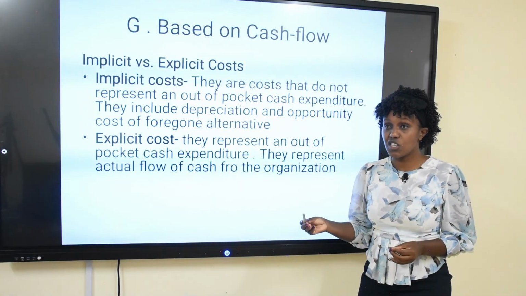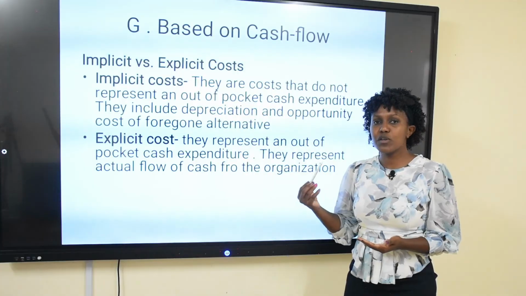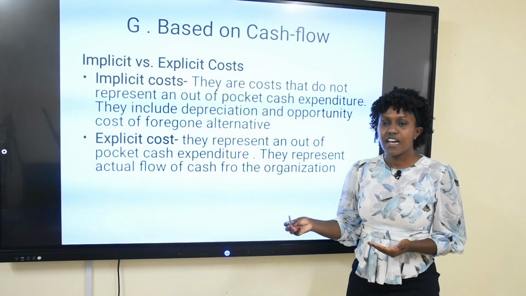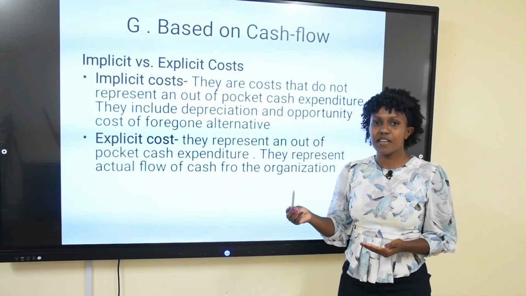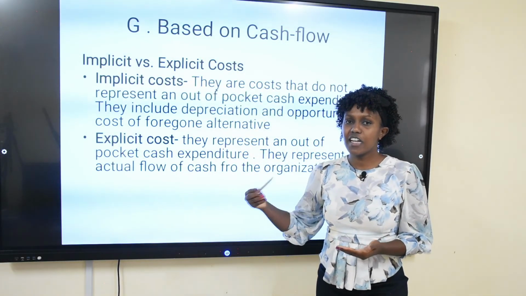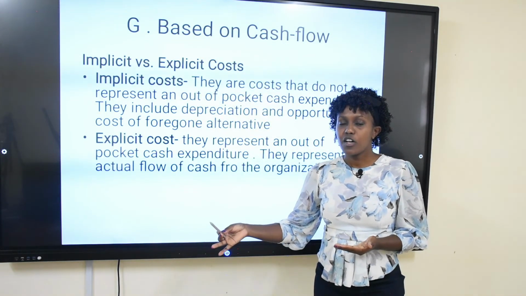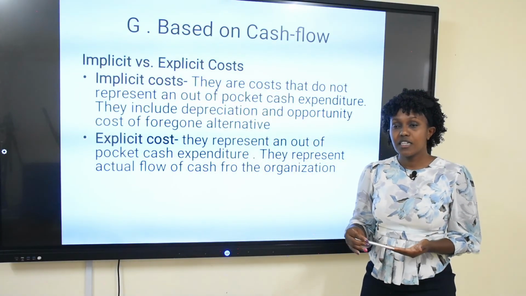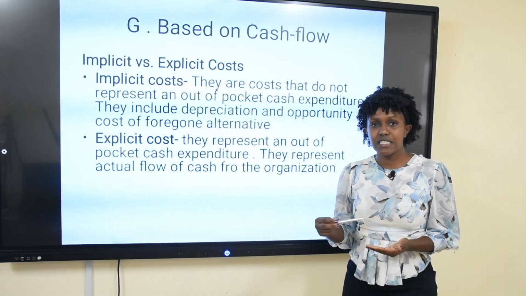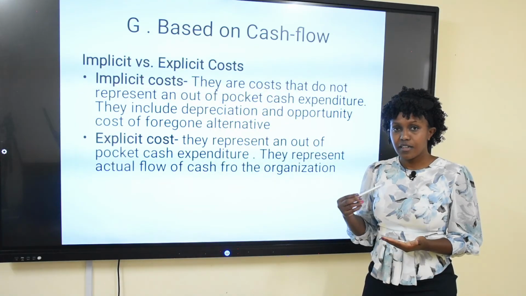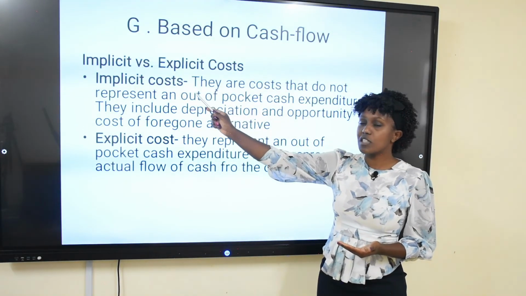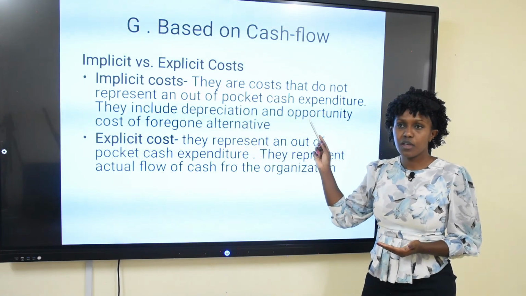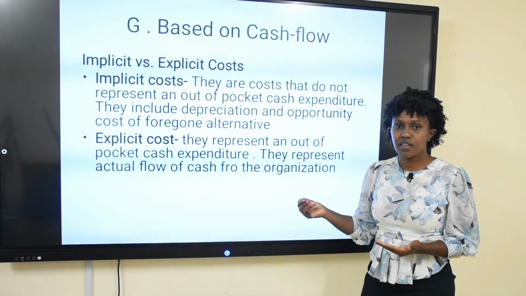An example is depreciation. Despite the fact that a building has depreciated, in the books of accounts in terms of cash flow, there was no money that was paid to anybody. That is called depreciation. So it is a loss of value in an asset. It is an expense, but it is an implicit cost because there was no cash flow. There was no movement of money.